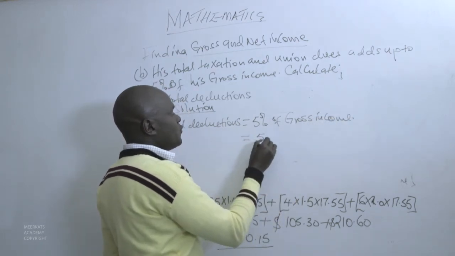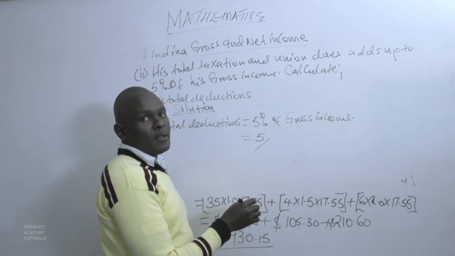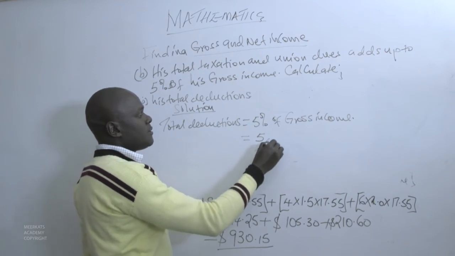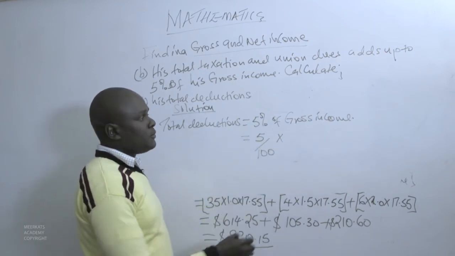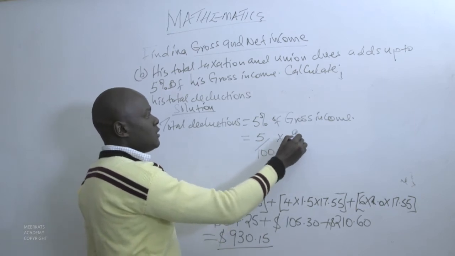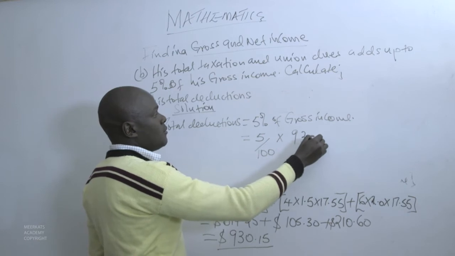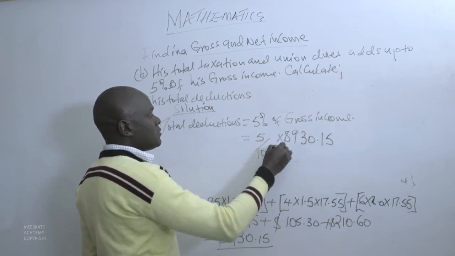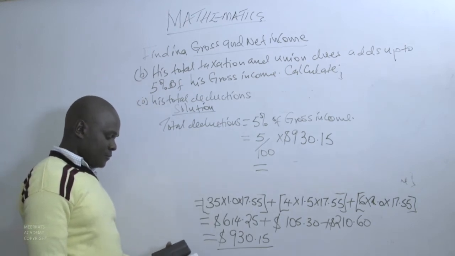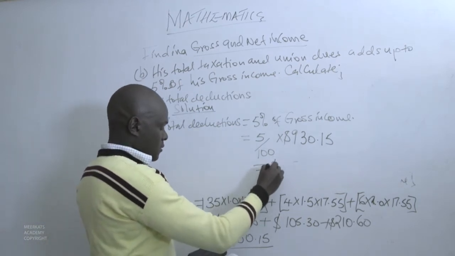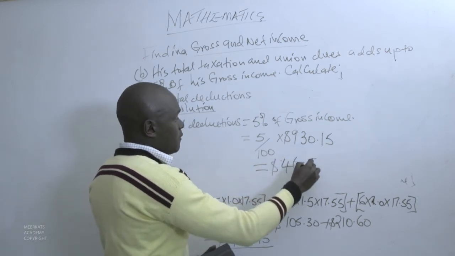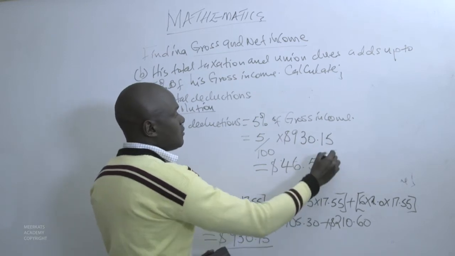This will be 5. We express 5% in form of a fraction, which is 5 out of 100, and "of" simply means multiplication. So we multiply that fraction by his gross income, which is $930.15, and this will give us $46.51.